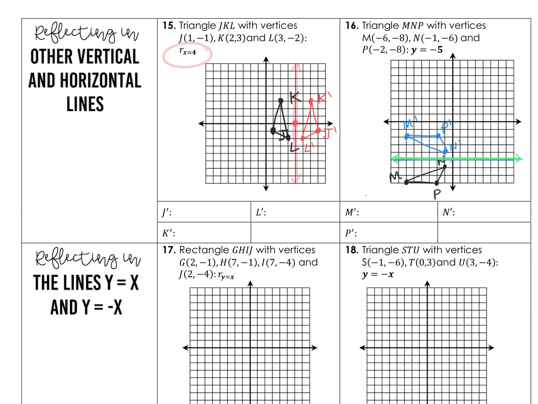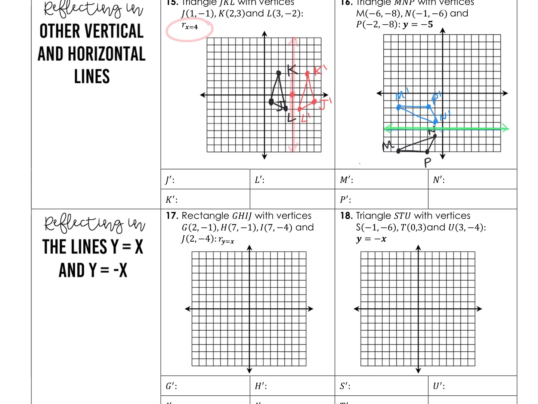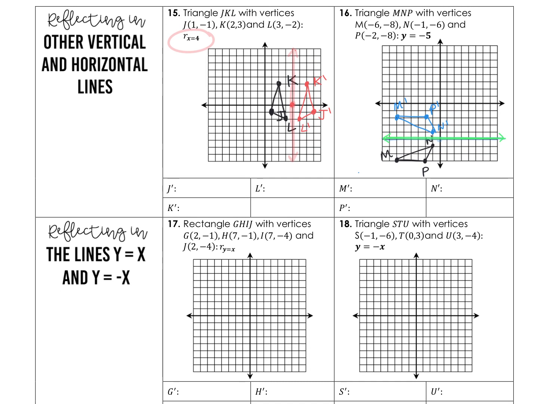Okay, so on number 17, you can go ahead and graph your 4 points, and then we'll talk about how to graph the line y equals x. Here's G. This is a rectangle.